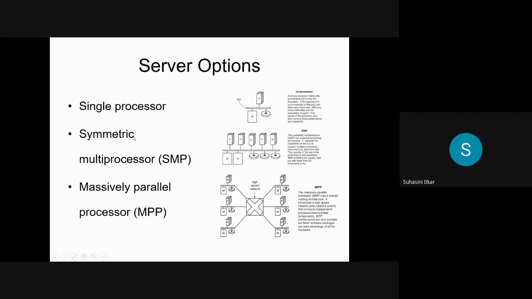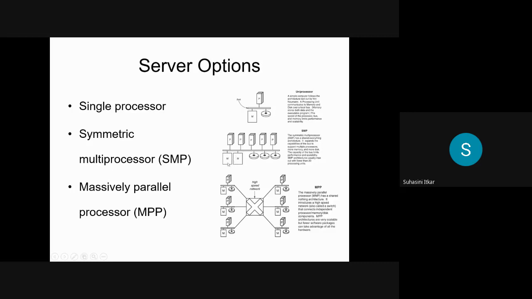Here, if you observe, what is a symmetric multiprocessor? There are multiple processors, and they share a common memory.